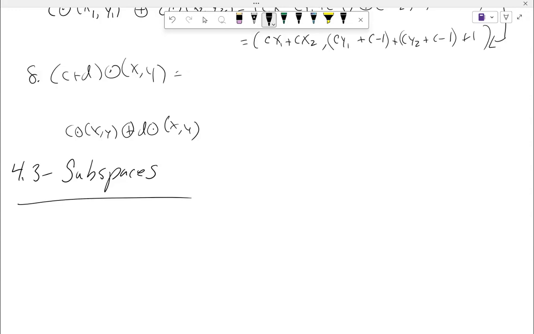And as a definition, if we let V be a vector space, as soon as I say that statement, by the way, V automatically has a whole bunch of structure, right?